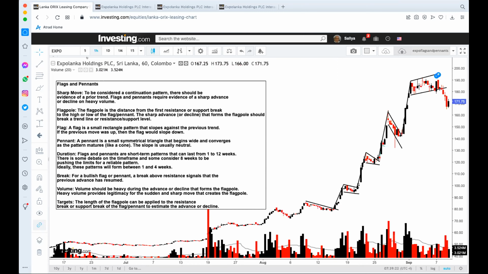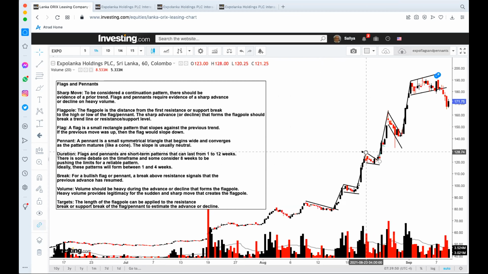I'm using a 1 hour chart purely because it is easy to figure out the flag and the pennant patterns. You can see this is almost like a flag, but not so much. It can be something like a wedge also, but it's almost similar to a flag here.